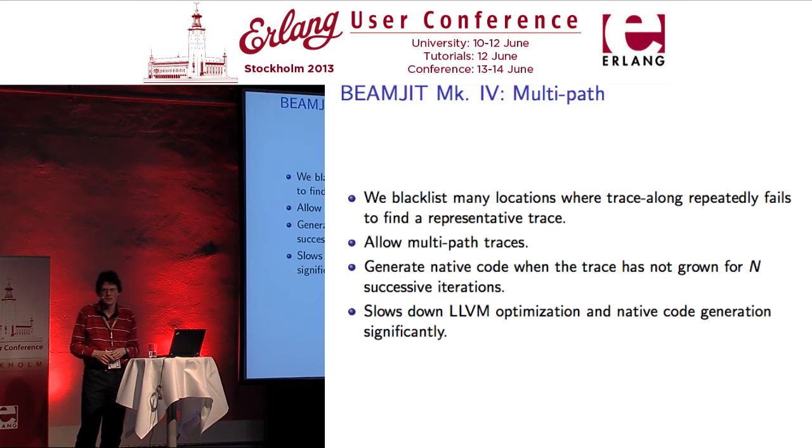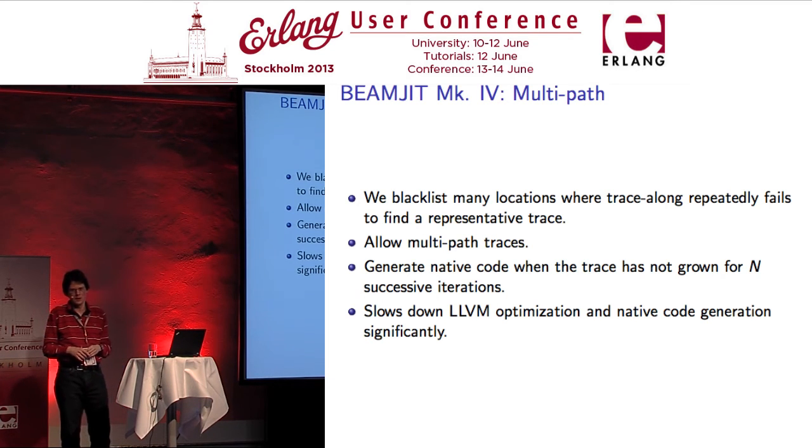Instead of just generating native code when we have traced a certain number of times, we let the trace grow, and when we've traced from the same place multiple times without the trace growing, then we know that we probably have seen everything we will see, so now it's time to compile it.